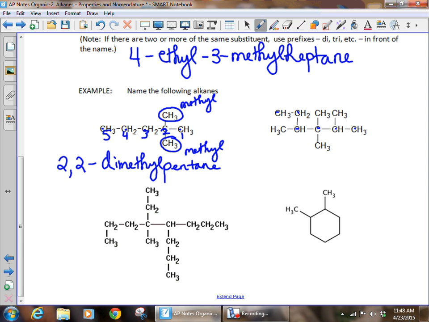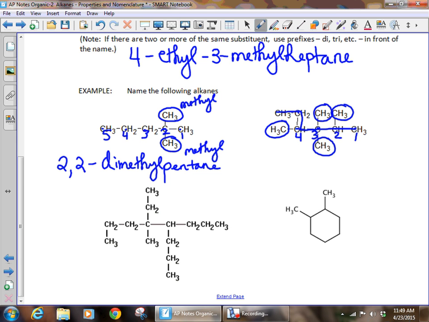And it looks like if I start numbering from this direction, if this is my line right here, then this is a branch, this is a branch, this is a branch, and this is a branch. So it looks like I need to start counting from this direction so that my first branch is on the 2 carbon. If I started from the other direction, my first branch would be on the 3 carbon.